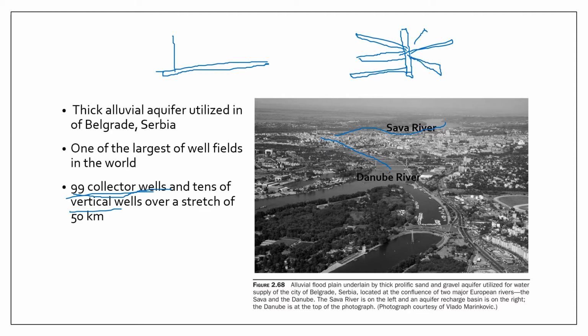So this provides your wells a huge connection to the aquifer in the area. Your collector wells are going laterally, and then you have your vertical wells that are connected with your collector wells.